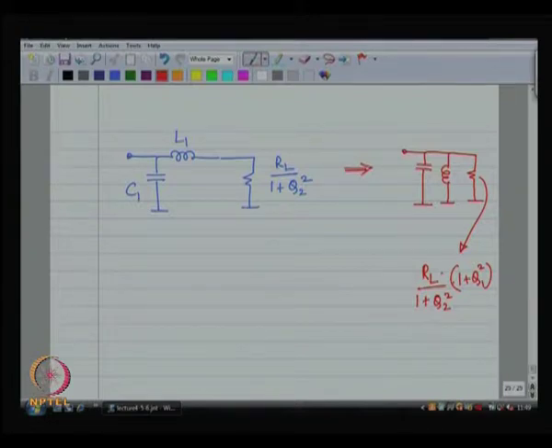Okay. And what is going to happen to the value of the inductance? This is going to decrease. No, this is also going to increase. Marginally.